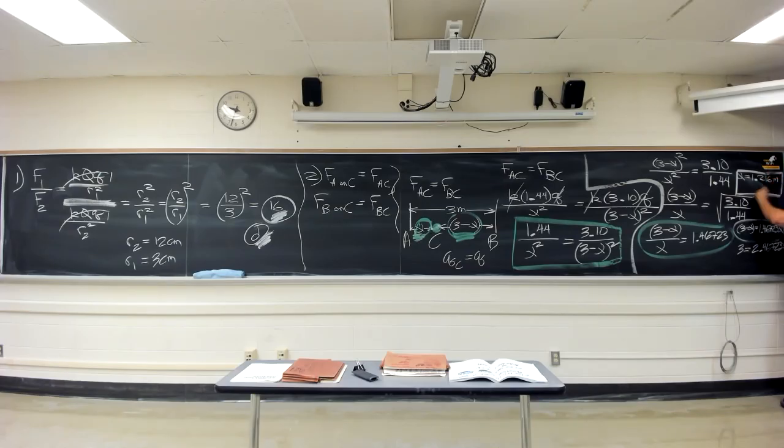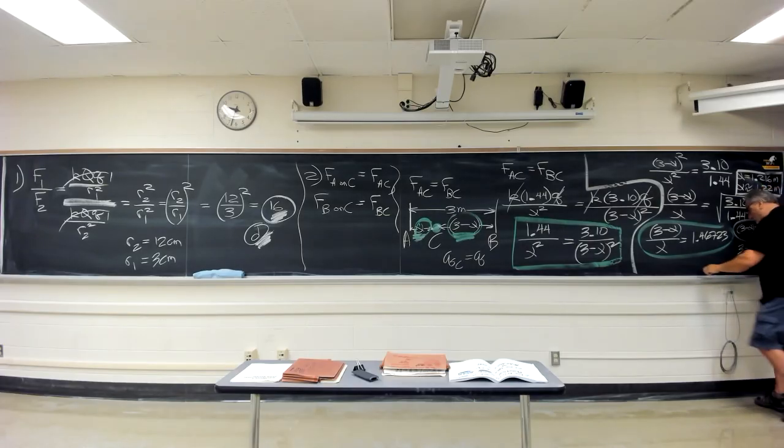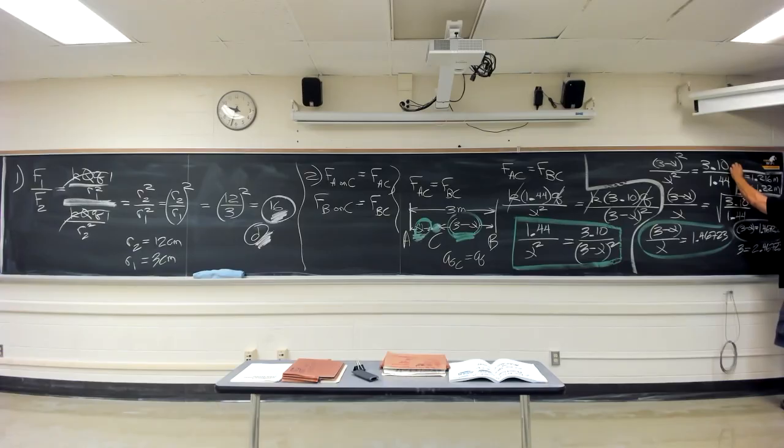1.216 meters. That's roughly, I mean, they're all kind of approximations at this point. I don't know what we're calling an approximation and what we're not calling an approximation, but we get basically to here. We're looking pretty good.